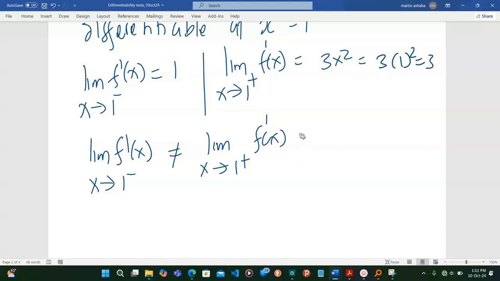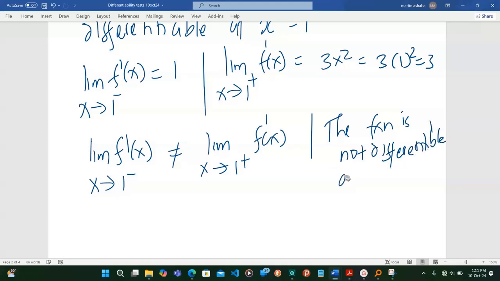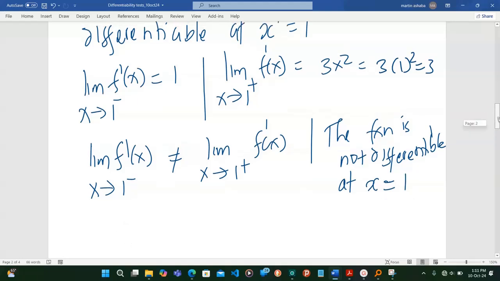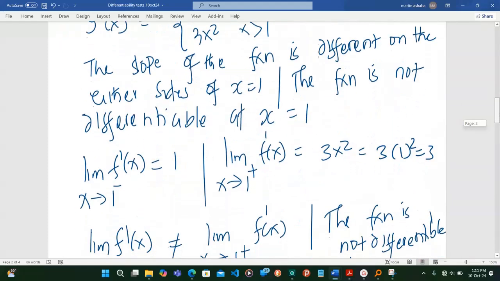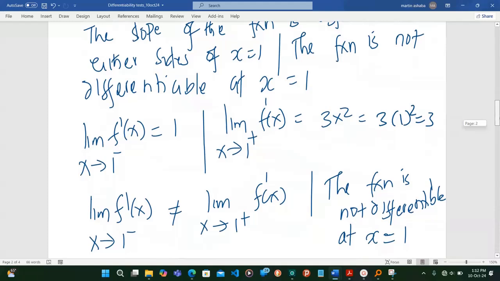Since they are not the same, the function is not differentiable at x equal to 1. As simple as that. So there are two ways: you can either differentiate the function and look at the two values, or you can take the limit from either side as x tends to that value, approaching it from the different sides.